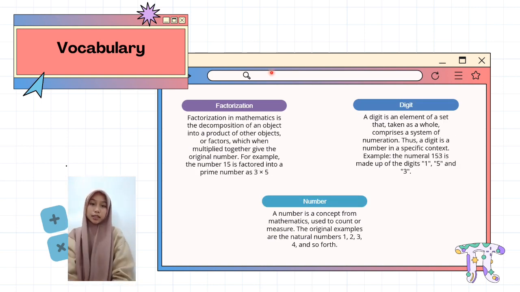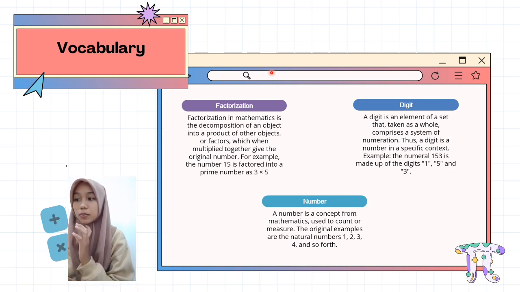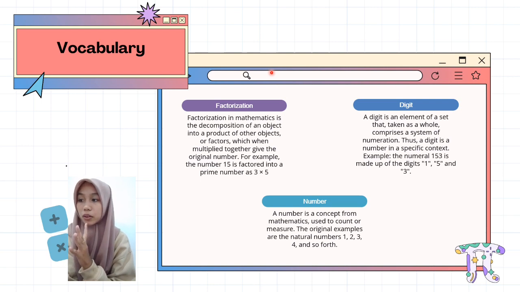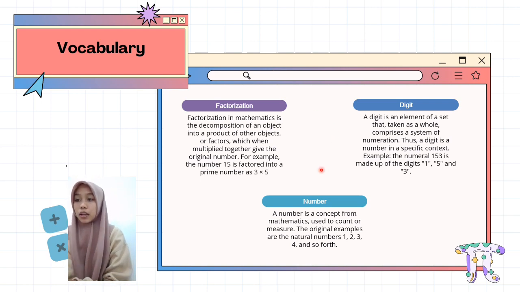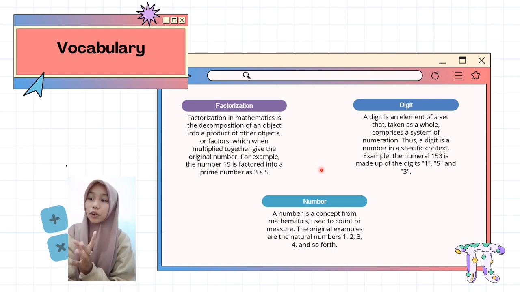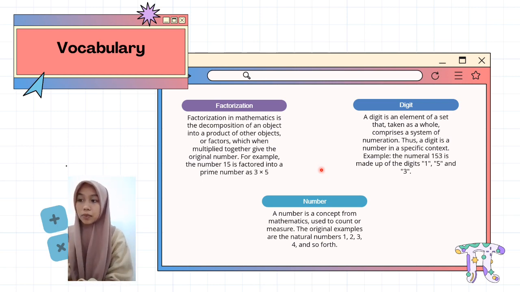In Indonesian we say faktorisasi. Factorization in mathematics is the decomposition of an object into a product of other objects or factors, which when multiplied together give the original number. For example, the number 15 is factored into prime numbers as 3 times 5.